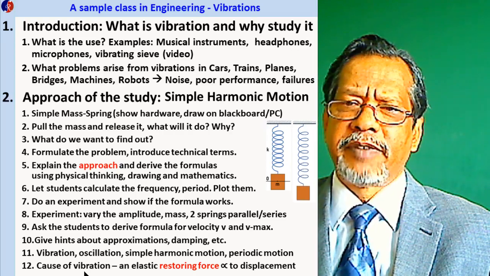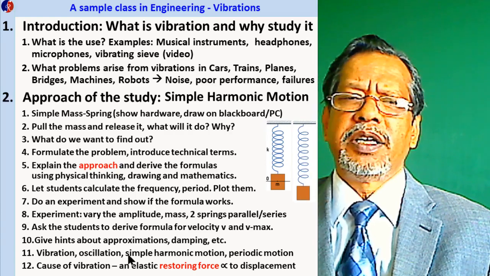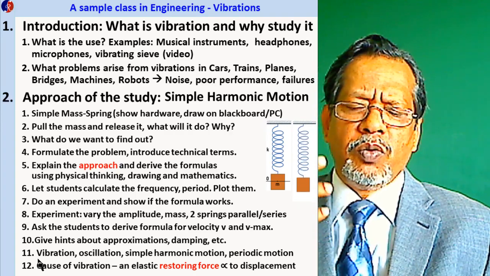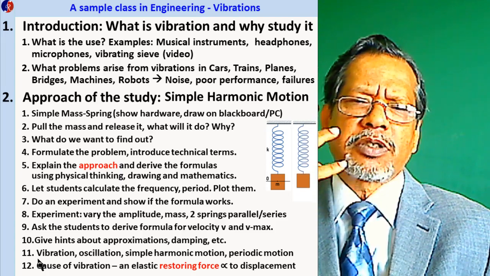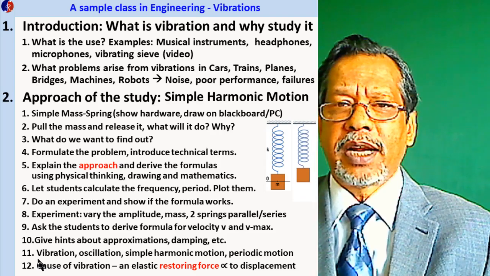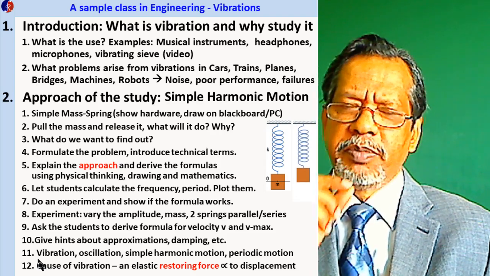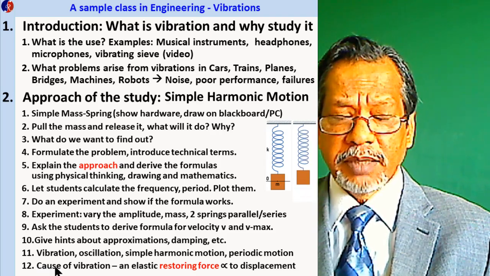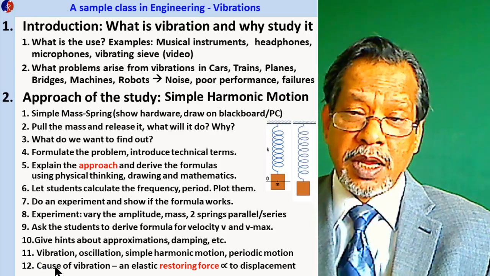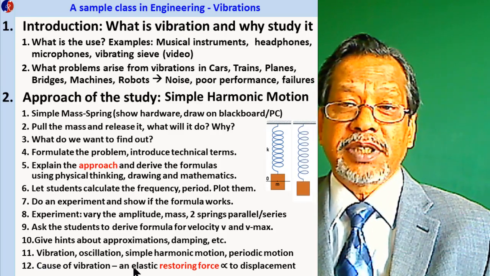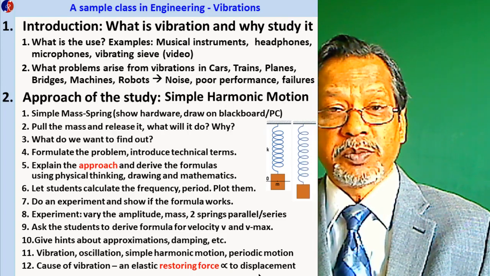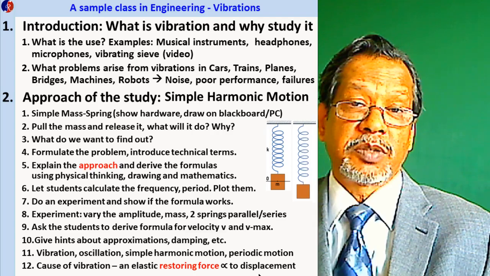Okay. Cause of vibration. This is something finally they have to go back home with at least one thing absolutely clear in their mind, something short that they will remember. You have to put that in the conclusion somehow. They should be convinced that main cause of vibration is, of course, some kind of displacement or force, and the system must have an elastic restoring force proportional to the displacement in the opposite direction of the displacement.